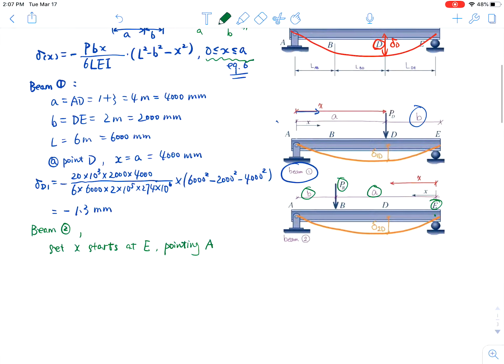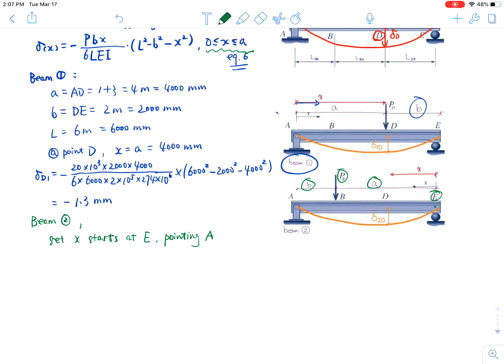Let me determine those parameters to fit this equation. Here A will be BD plus DE, that is 5 meter or 5,000 mm.